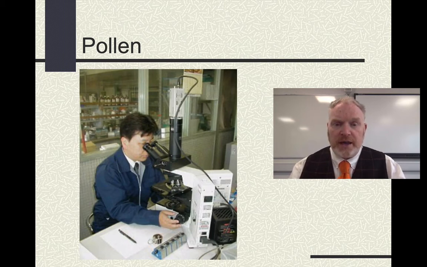Typically, you might count a minimum of 300 grains, but that could be up to 500 or maybe even more grains if you want perhaps a more detailed picture. It is quite a laborious process, but we get some interesting data out of it at the end.